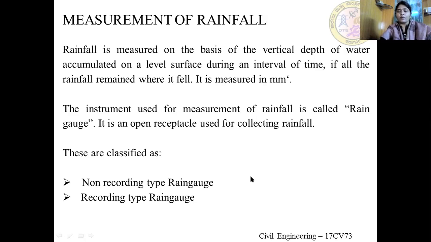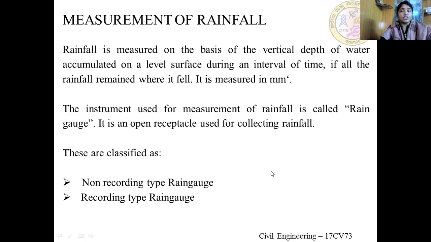Now, what is this rainfall? How is it measured? Rainfall is measured on the basis of vertical depth of water accumulated on a level surface during an interval of time. But the condition is that whichever rainfall gets collected or accumulated should remain where it falls.